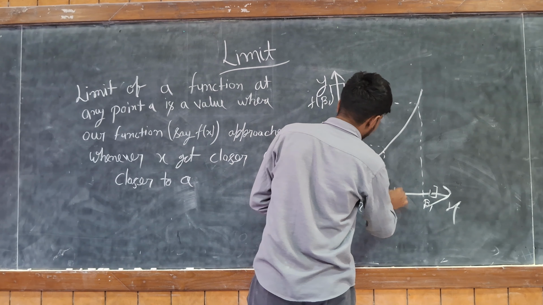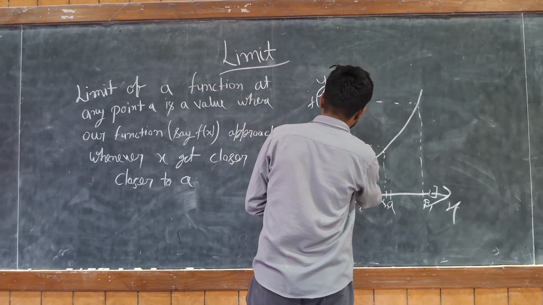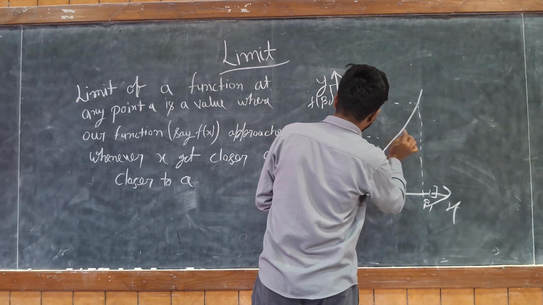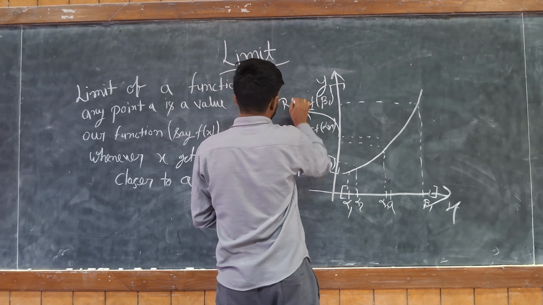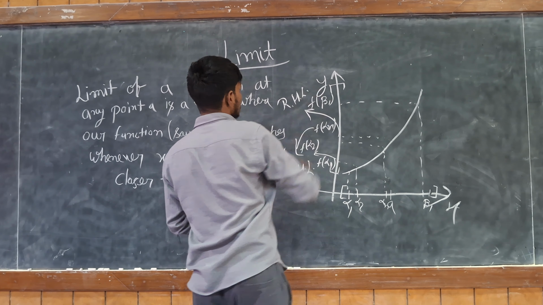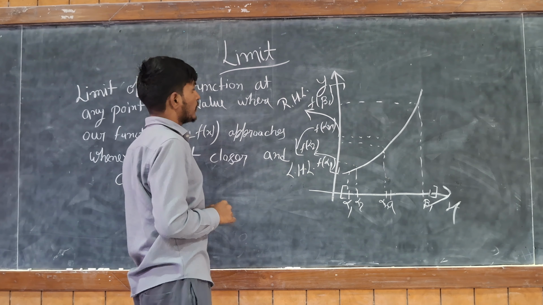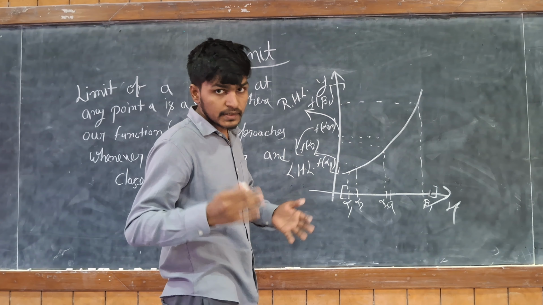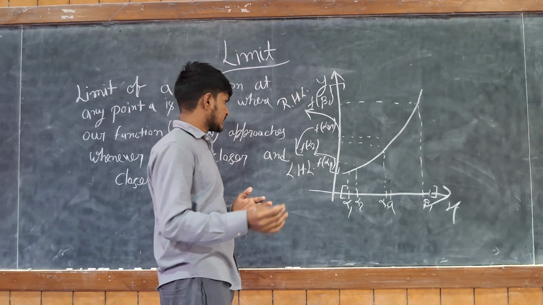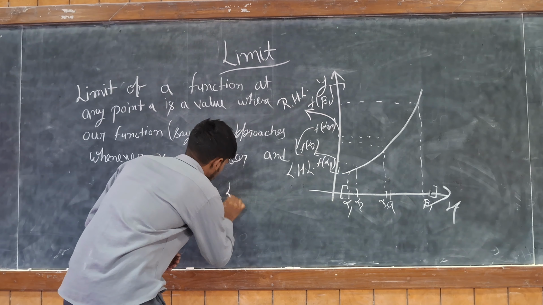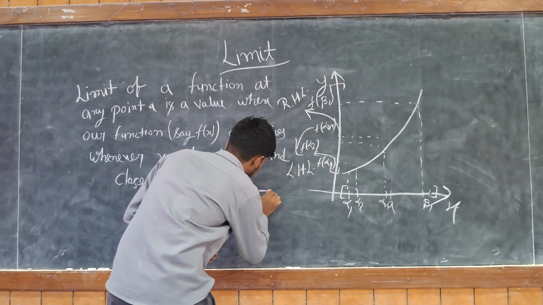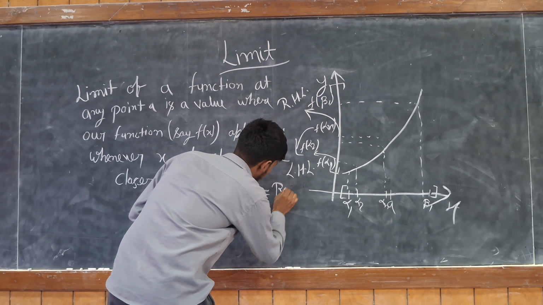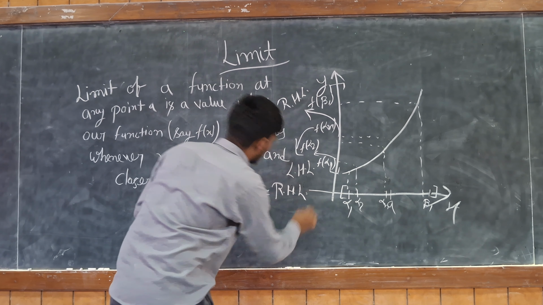The value of the function approaches a value which is called the right hand limit. Then we say that the limit exists if our left hand limit and right hand limit both are equal. That implies LHL equals RHL.